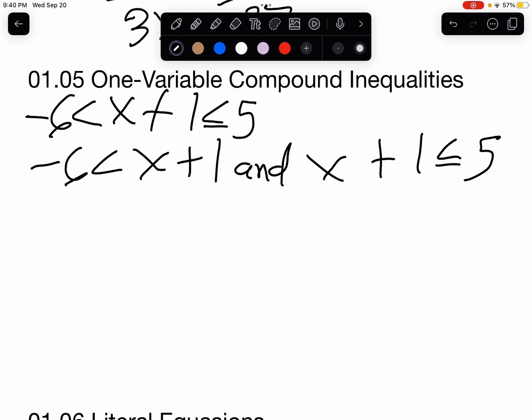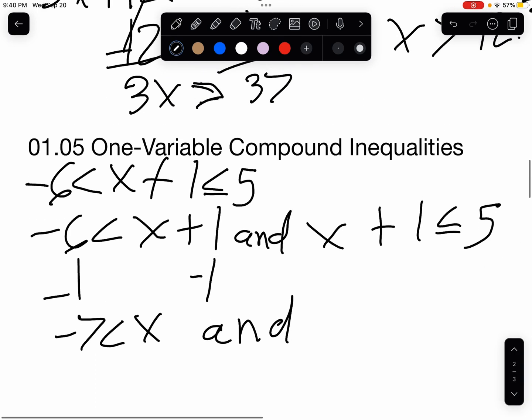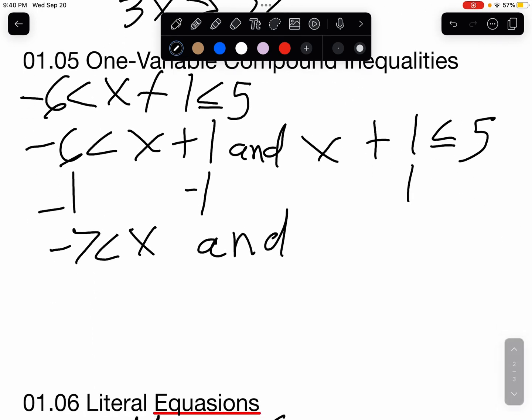Then you subtract 1 by both sides of the inequality. And it is -7 is less than x.